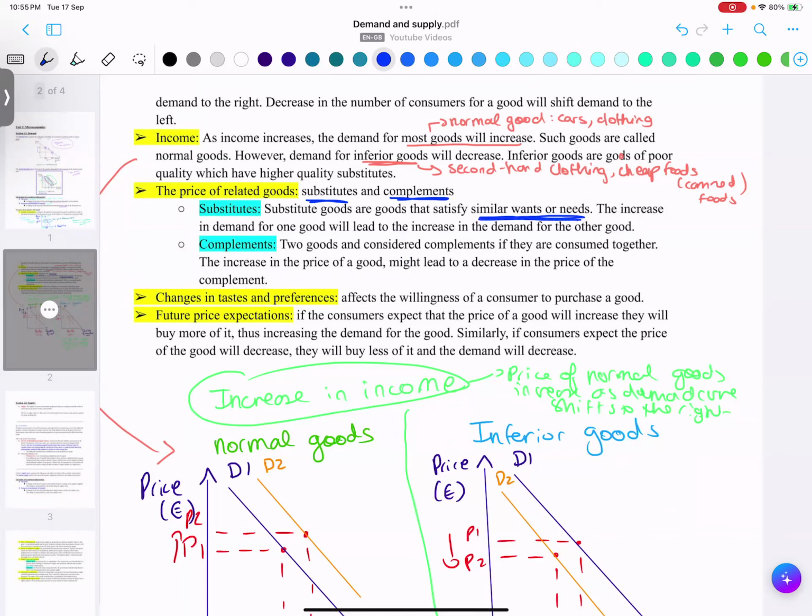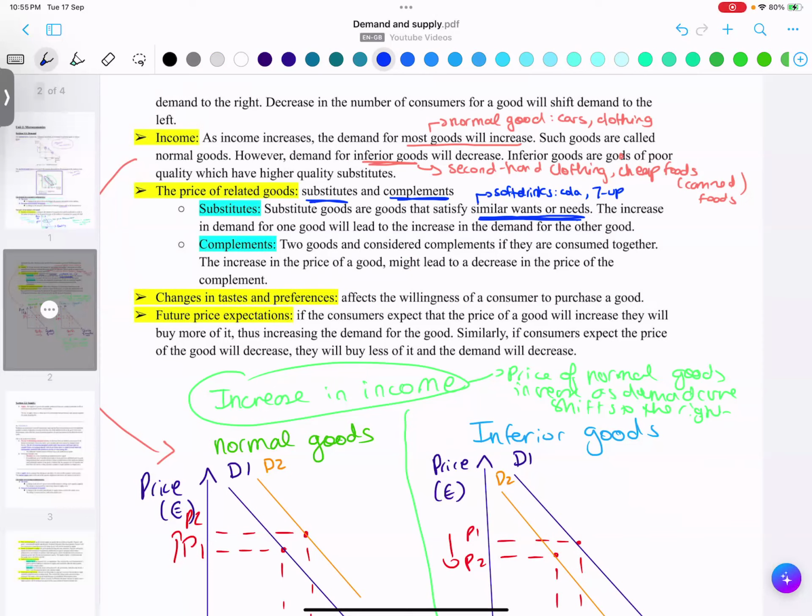For example, you have soft drinks, like cola, and then you have another good, let's say 7-Up. They use them for one another.